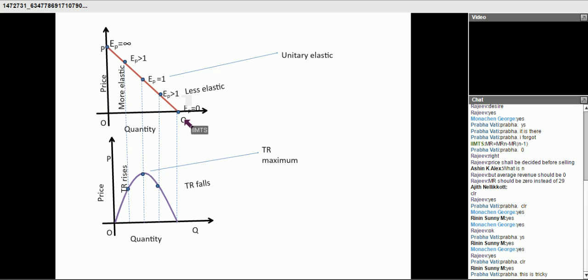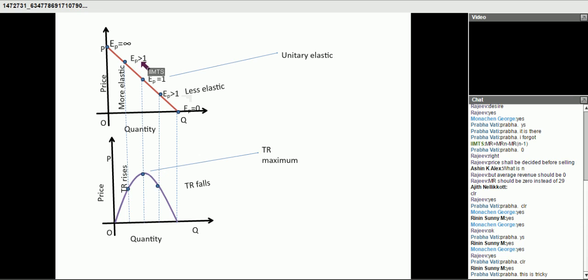So if we calculate it on the demand curve and the total revenue curve together, then we can get some idea about it. Okay, so just look at this one over here. The elasticity of price is infinity, means the elasticity can vary to any extent. So for that, the total revenue will be 0.